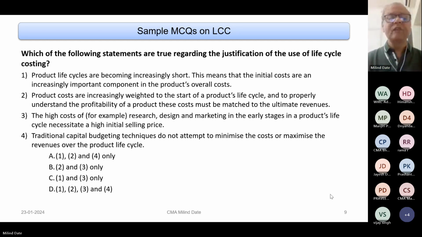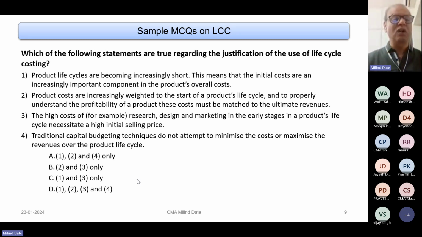Okay, let me check for some other answers. Prashant also says option A is correct, and yes, that is the correct answer.